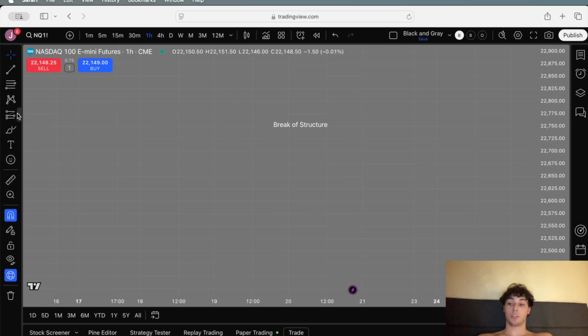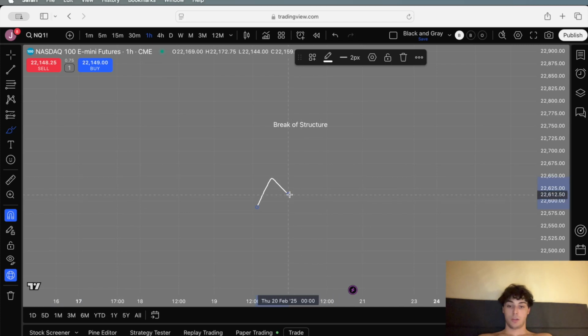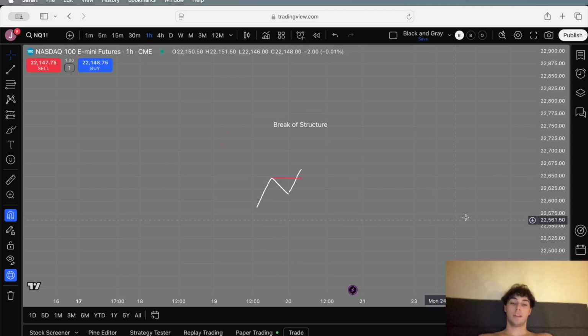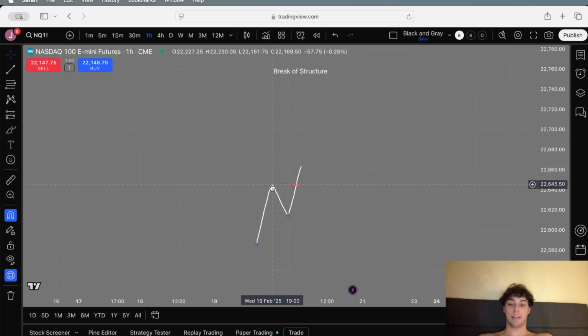So a break of structure, all it is is a high getting formed, and then all it's doing is closing above that high. So this red line right here is that high that was made.